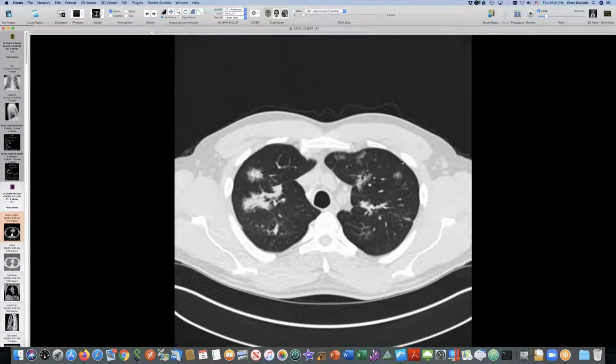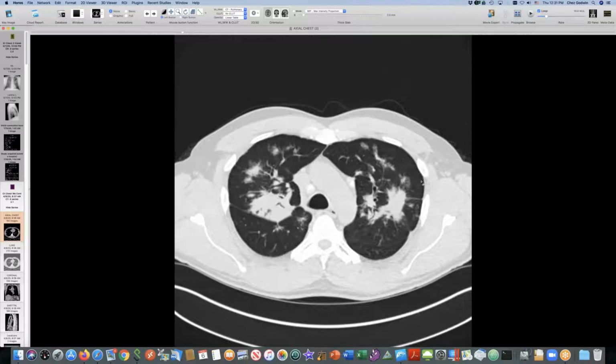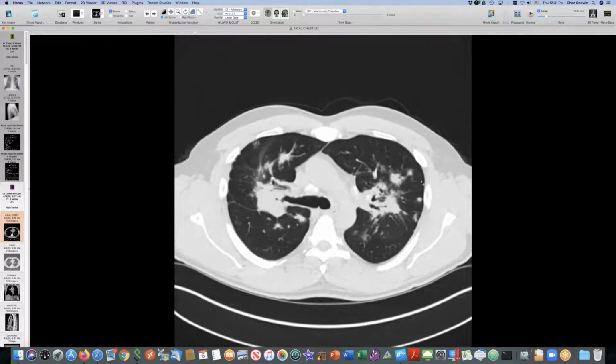But my experience is, if you see high attenuation, meaning calcification or mineral in these subpleural deposits, and sometimes they're frank pseudoplaques and stuff like that, that's always associated with silica rather than with sarcoid.